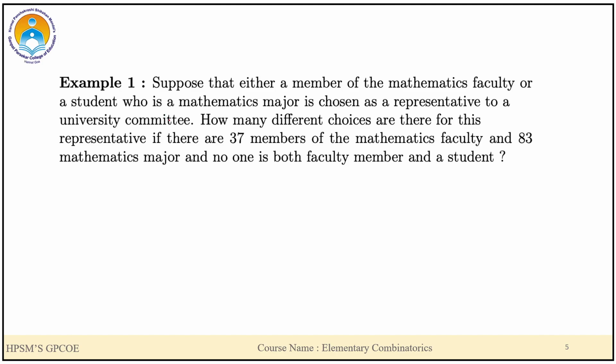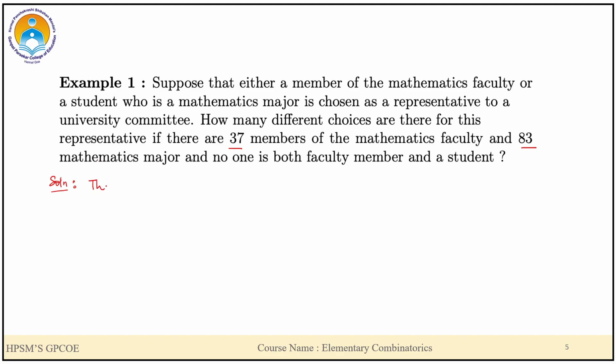If there are 37 members of the mathematics faculty and 83 mathematics majors, and no one is both a faculty member and a student. So let us solve this now. Solution. You can see here we have a total of 37 members of mathematics faculty and 83 mathematics majors. So this example is based on the addition principle.